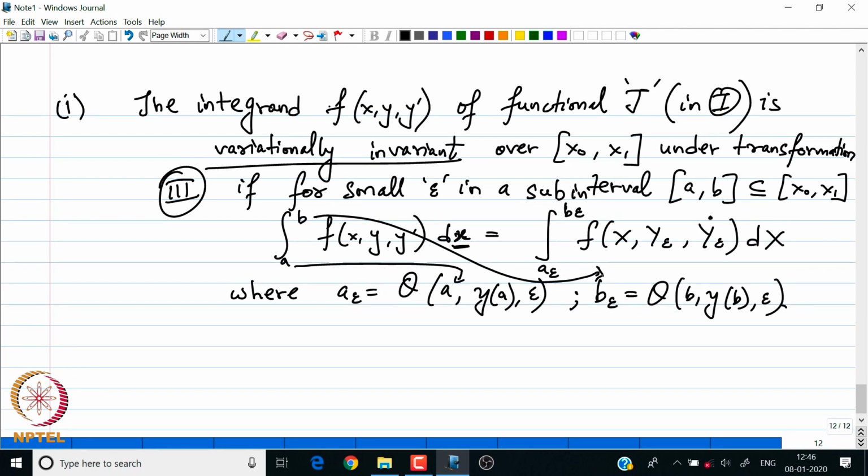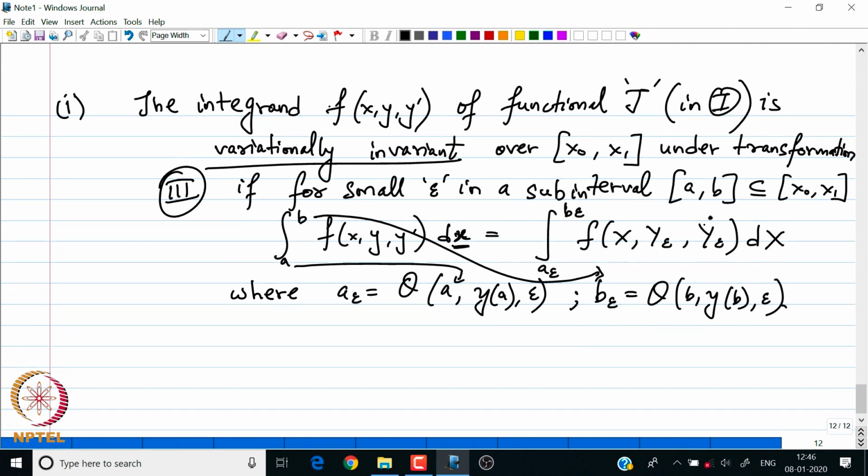So, what have we got here? We are saying that suppose we are able to find a transformation given by 3, and under that transformation the integrand has the same form, whether it is in this coordinate system small x, small y or capital X, capital Y. If they have the same form over a subinterval, then the functional is variationally invariant.